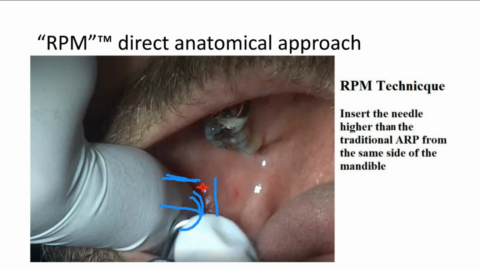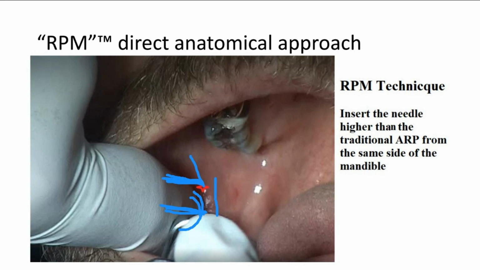ARP and RPM, both of them, you go from the same side, not from across, like the traditional Halsted, the most commonly used one. This is number one. Number two, your point is this red star right here, which is on top of the tip of your finger, not in the middle. So you go up a little bit. And why are they doing that?